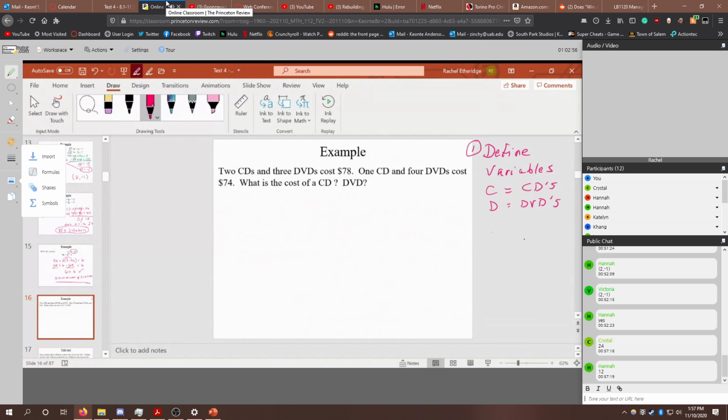So it tells me that 2 CDs and 3 DVDs equals 78.